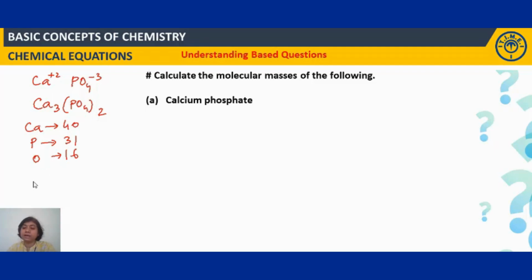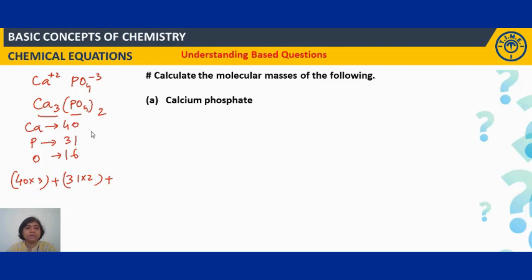Remember the number of atoms in one molecule of that substance. You have to calculate that part carefully. Like calcium, how many atoms are there? 3. So 40 into 3, plus phosphorus, how many atoms? PO4 taken twice, that means 2. So phosphorus is 31 into 2.